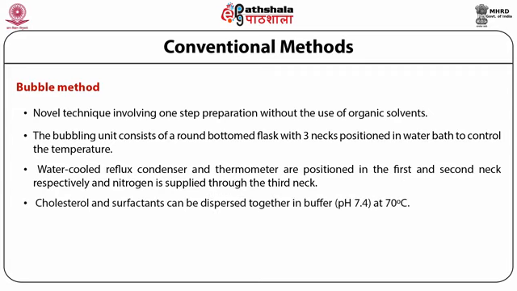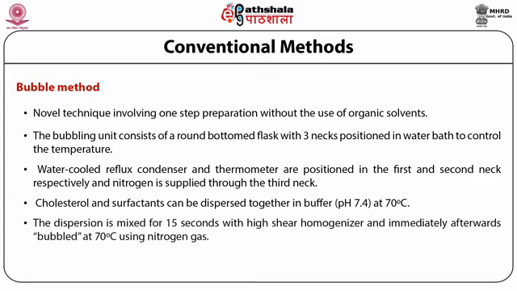Cholesterol and surfactants are dispersed together in a buffer of pH around 7.4 at 70 degrees centigrade. The dispersion is then mixed for 15 seconds with a high shear homogenizer and immediately bubbled at 70 degrees centigrade using the nitrogen purge.